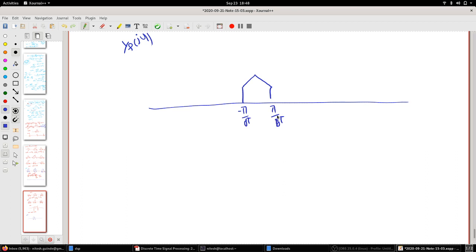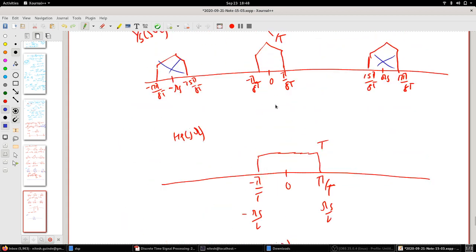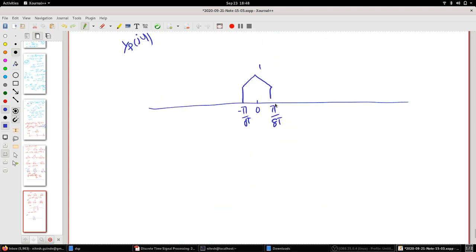The maximum magnitude will be 1, since this is multiplying by t. This will be the spectrum of YR of j omega in the end.